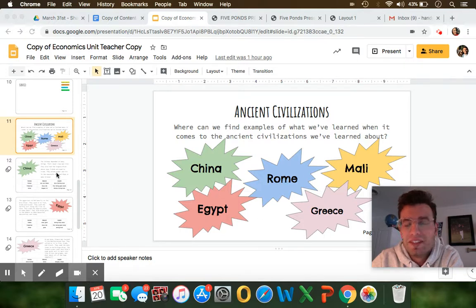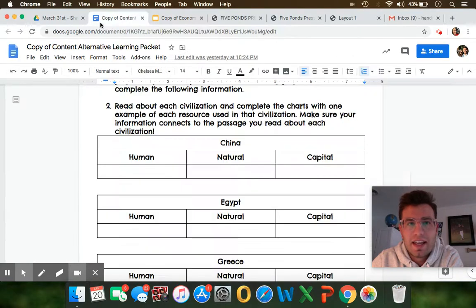And when we do that, we are going to be jotting down anything you hear examples of human, natural, and capital resources. Then, if you want to, you can jot down before I show you some possible answers, or if you want to just wait and pick your favorites, then you can jot those down right in here.